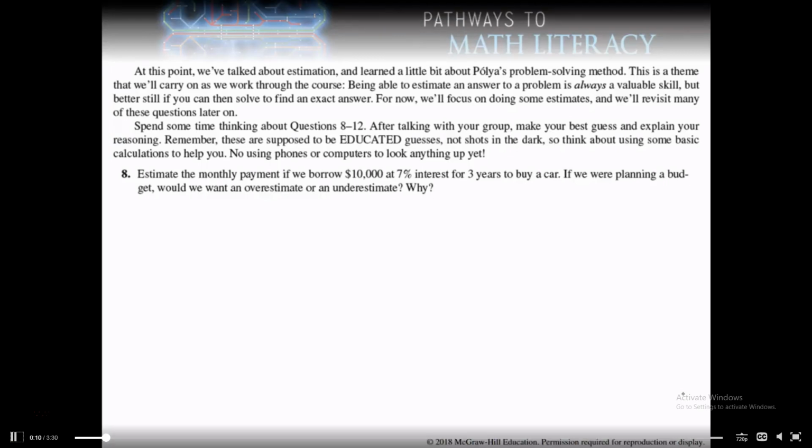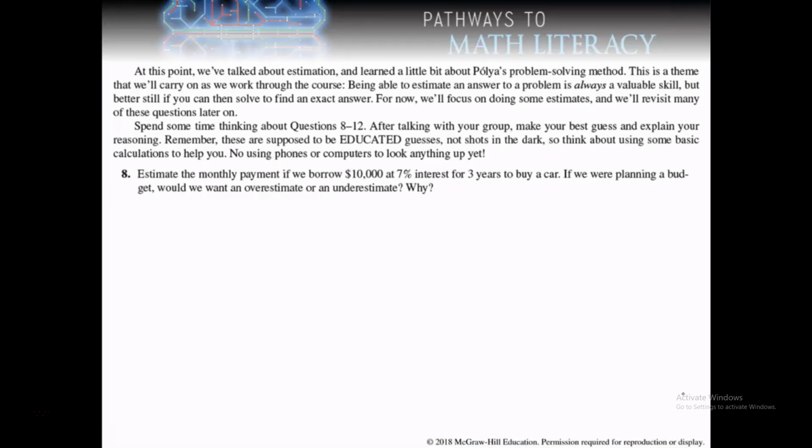So we know using compound interest that that would be $10,000 times 1 plus 0.07 to the third for 3 years. And that comes out to $12,250.43. And that would be the grand total that we would have to pay back if we didn't make any payments at all until the end of the 3 years.